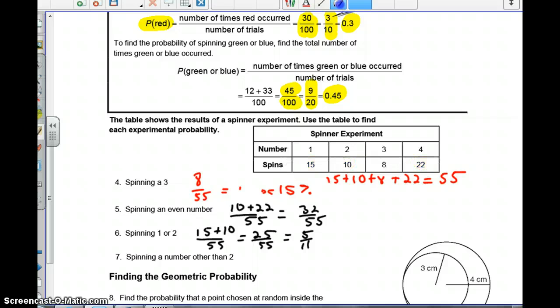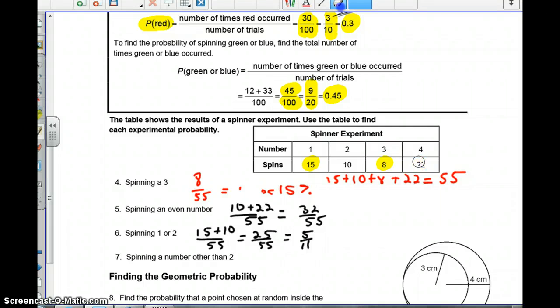Okay, the number 7, spinning a number other than 2. There's actually 2 ways that you could do it. You could either add up the 15, 8, and 22, and with a chart this small, not a problem at all.